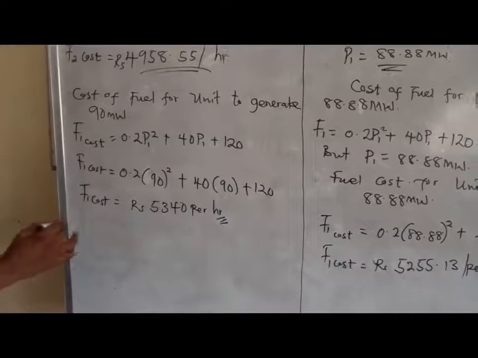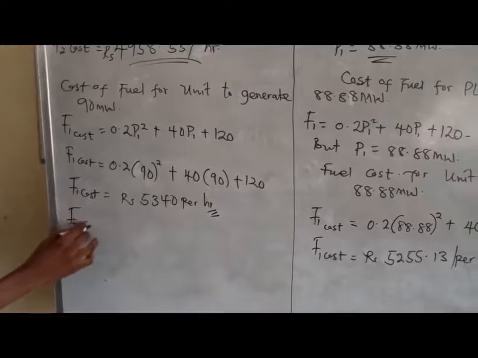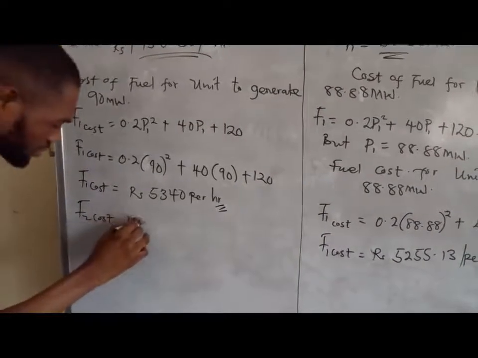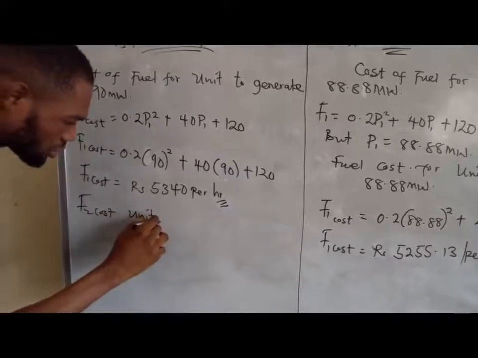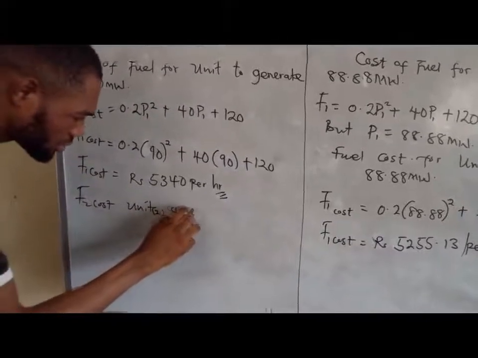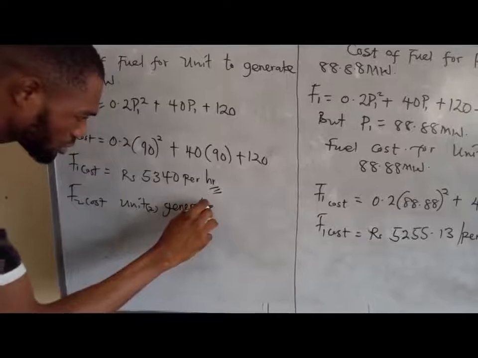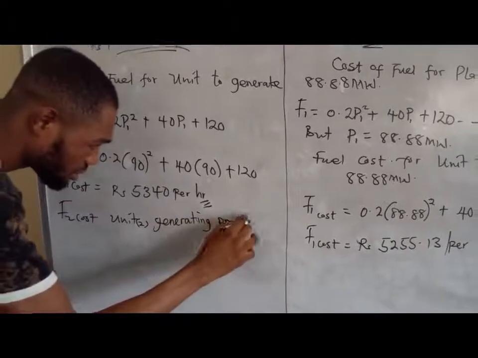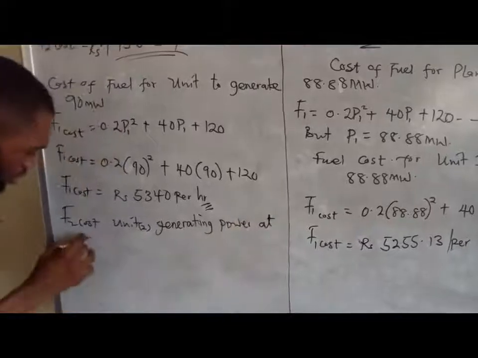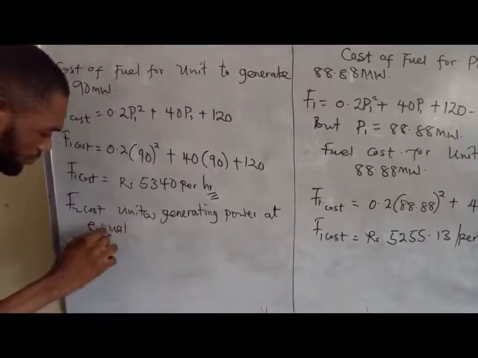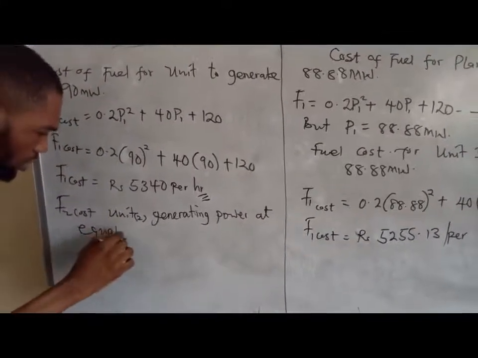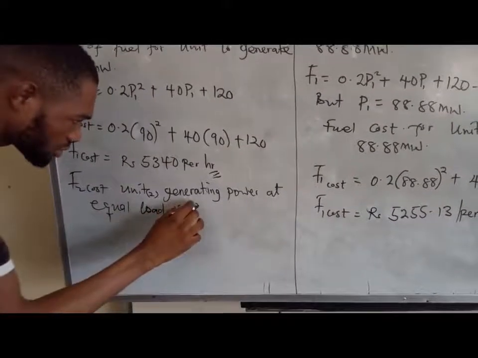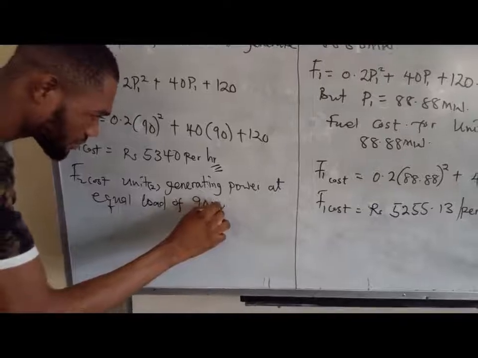So let's also see how much unit 2 will be. Cost of unit 2 generating power at equal load of 90 megawatts.